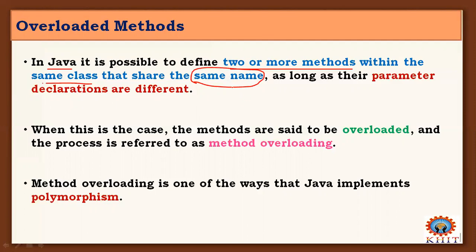And overloading means defining two or more methods in a class of a Java program that share the same name. It means we are defining two or more methods with the same name in the class scope.